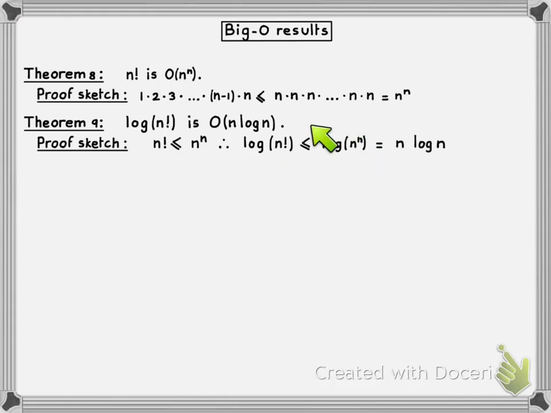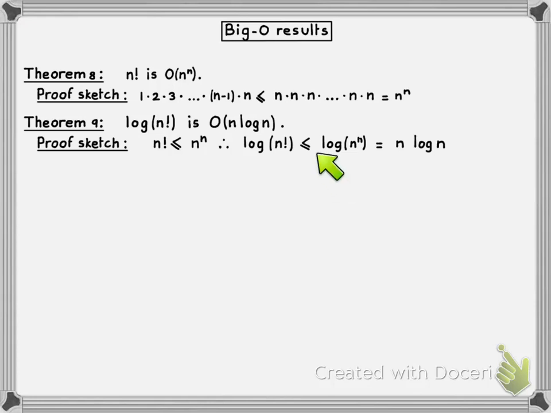And now we just need to rewrite this logarithm. Remember that the logarithm of a product is the sum of the logarithms, and n to the power n is the product n times ... times n, n times.